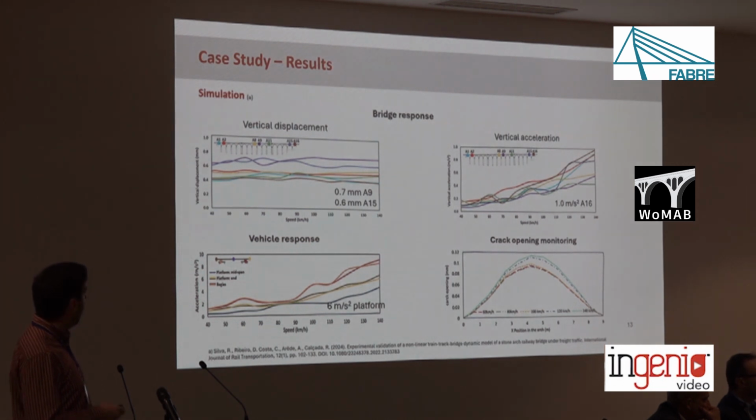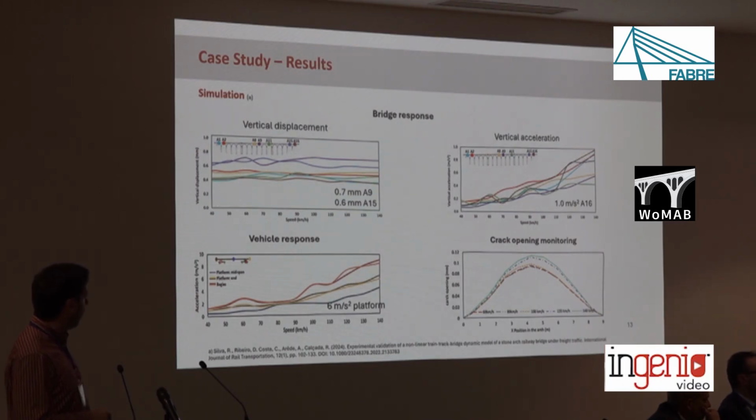So we perform also simulations regarding the assessment of this type of bridge. In terms of vertical displacements, we can see that the dynamic impact on this bridge is quite low. So we don't have any resonant speed in terms of vertical acceleration and also in terms of displacements.